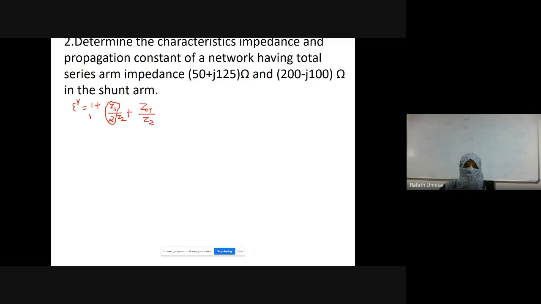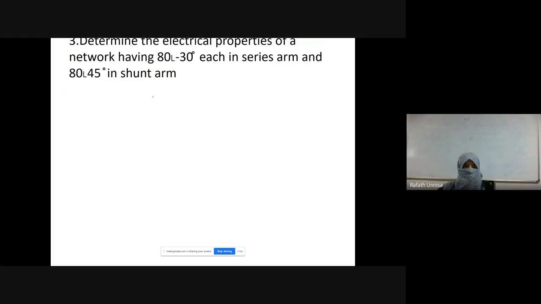So e power gamma equals 1 plus Z1 by 2 times Z2 plus ZOT by Z2.